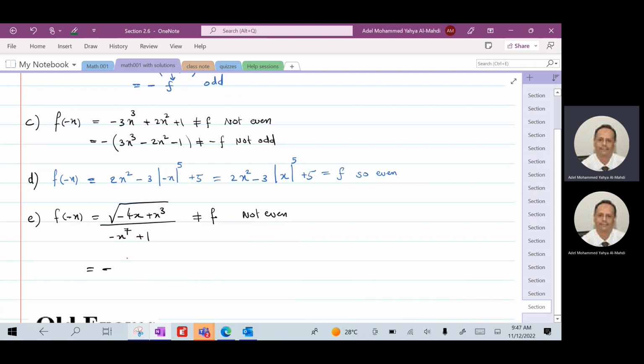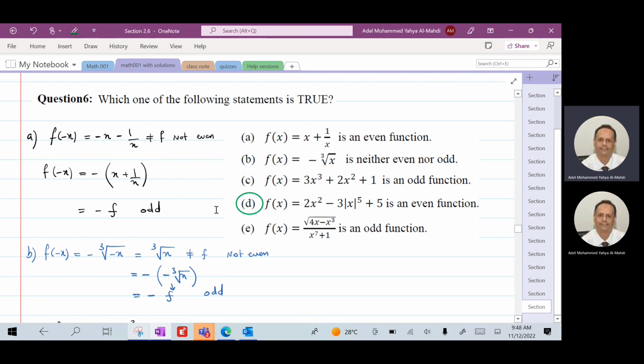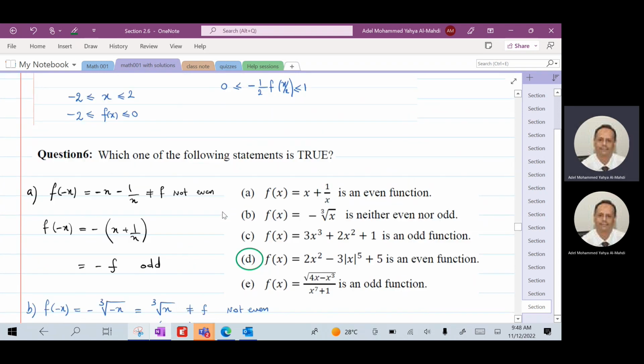If you take minus, we will have the same numerator, but down we will have x to the power 7 minus 1, and it is not the same as minus f, so it is not odd. We can write it is neither. So the answer was in D.